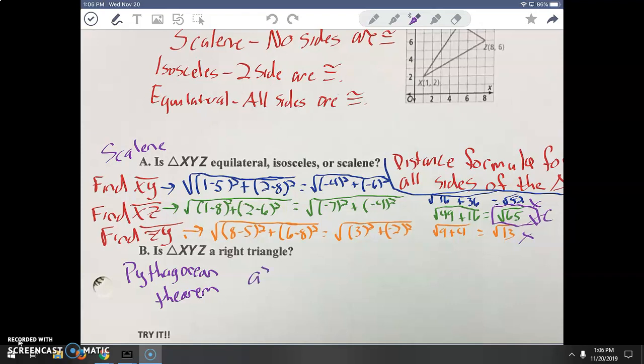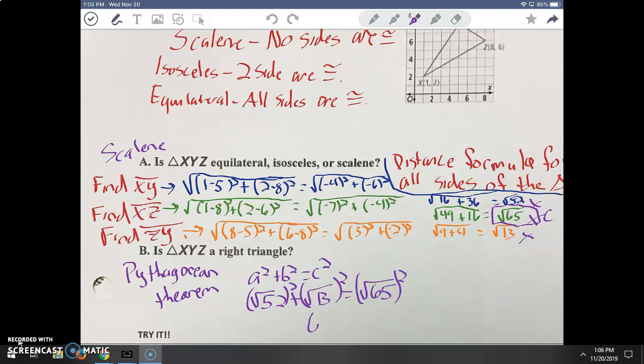So now we can do A squared plus B squared equals C squared. We plug that in. The square root of 52 plus the square root of 13 is equal to the square root of 65, and all of these are squared. If you actually work this out, you'll notice that they will end up equaling each other.